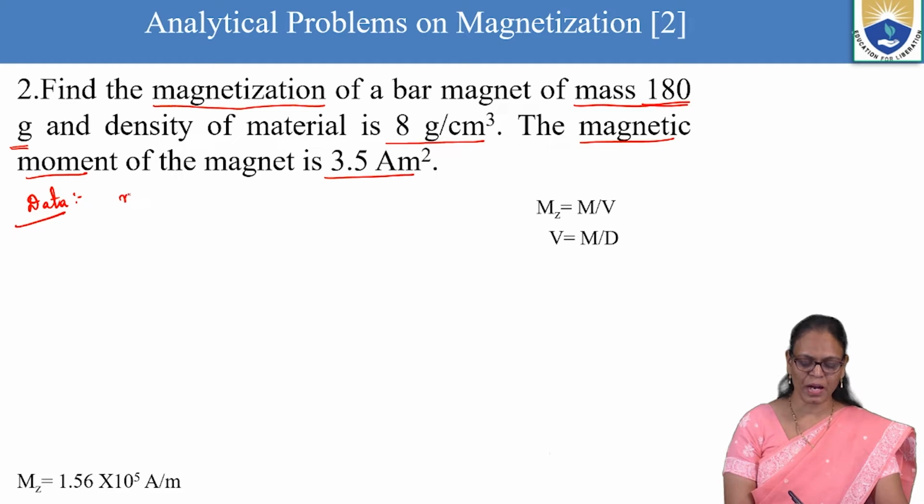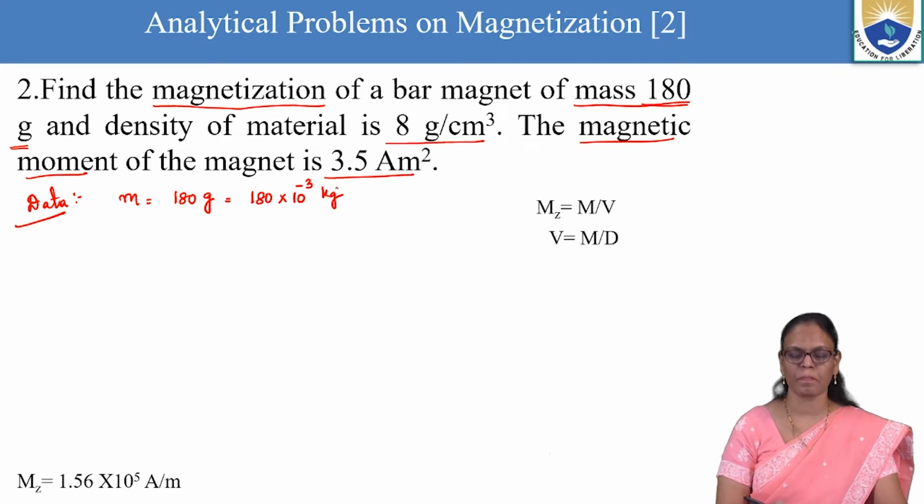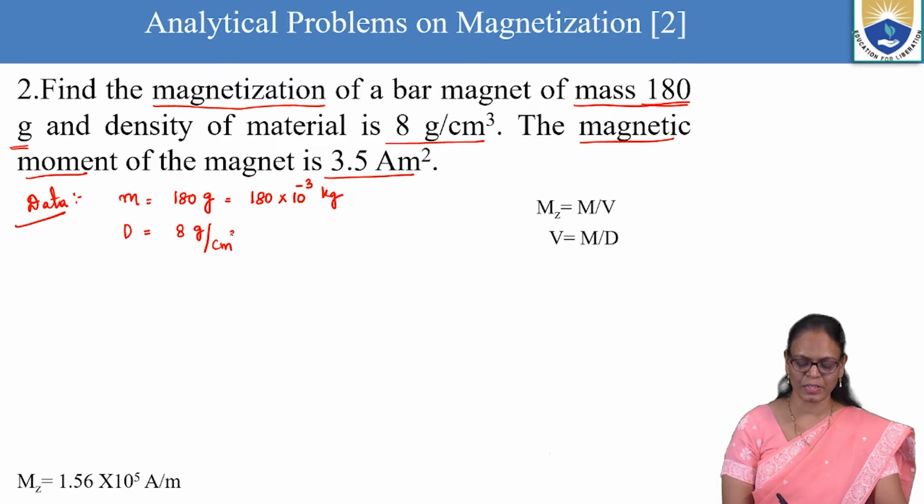We are given the mass, 180 gram. We have to convert it into the SI system, so it will be 180 into 10 power minus 3 kilograms. Then we have the density of the material, that is 8 gram per centimeter cube.